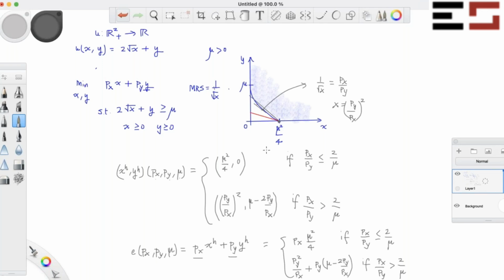Is that okay? So you compare whether your budget line is steeper or flatter than the indifference curve. If px by py is less than 2 by mu, which is the slope of the indifference curve at this point, then you will choose this point. If px by py is greater than 2 by mu, then you will choose this other point. Is that okay? Yes, sir.